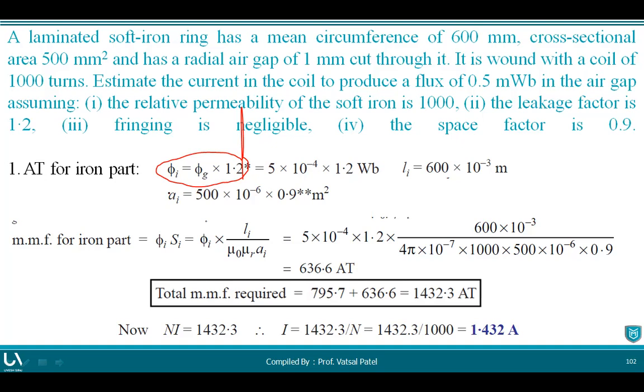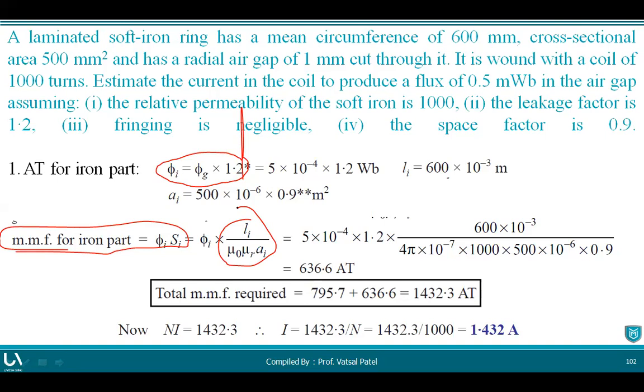Are you getting it? Now if you put these values in the equation: the length of the iron material divided by mu 0 into mu r into Ai.